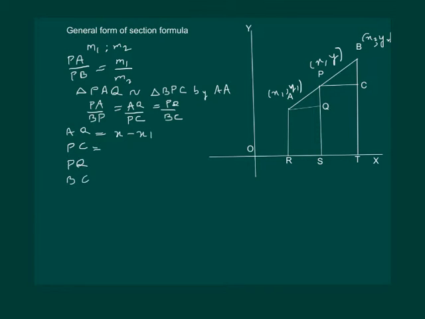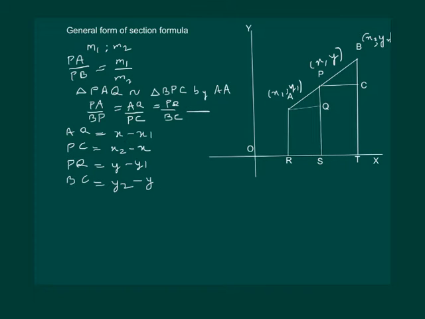Similarly, PC will be x2 minus x, PQ will be y minus y1 and BC will be y2 minus y.